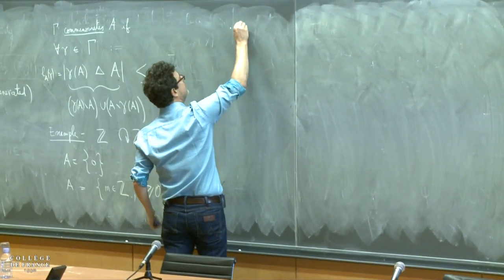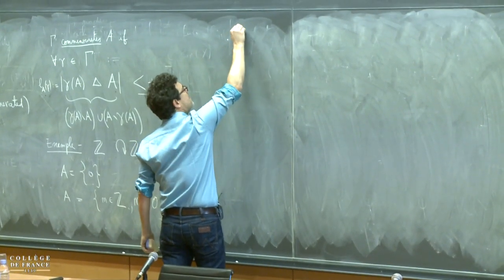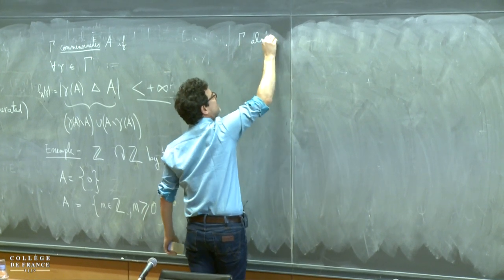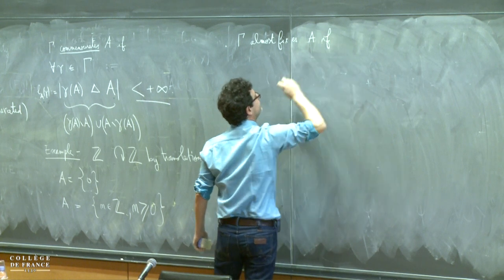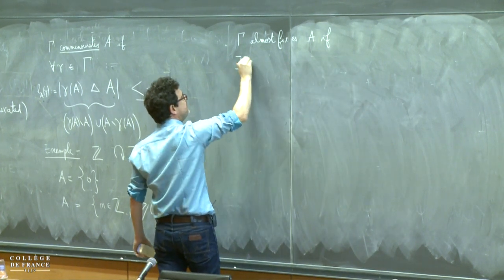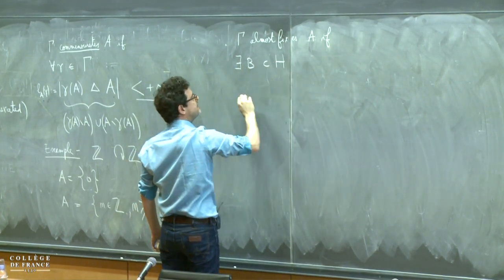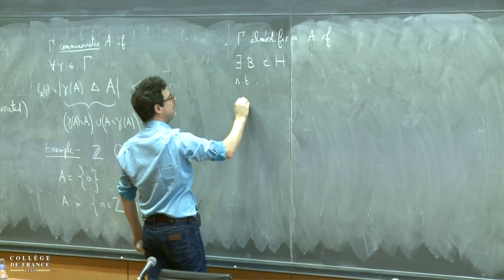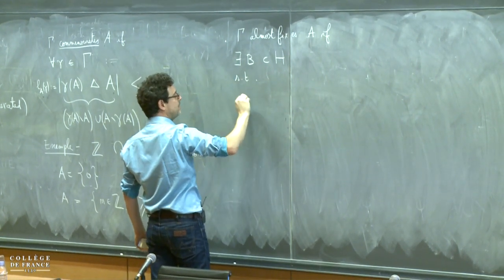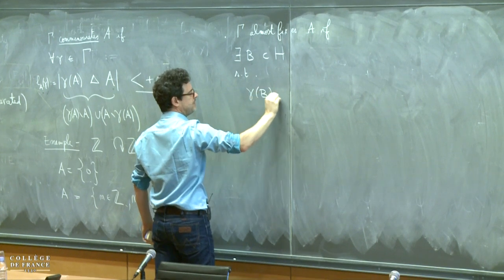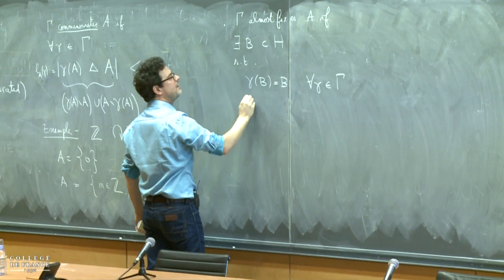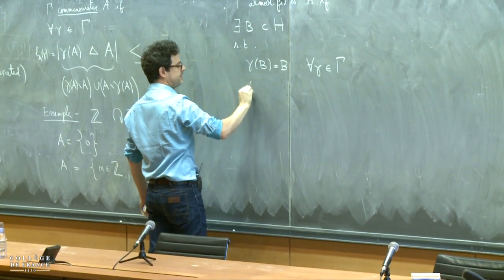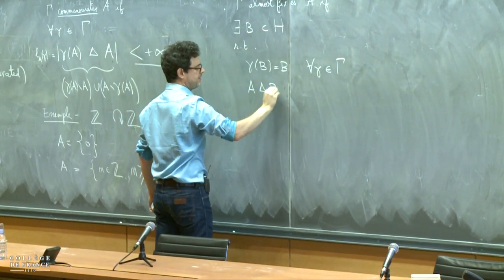Now comes the definition: you say that gamma almost fixes A if there exists a set B in H such that first B is fixed by gamma, and the difference between A and B is finite.